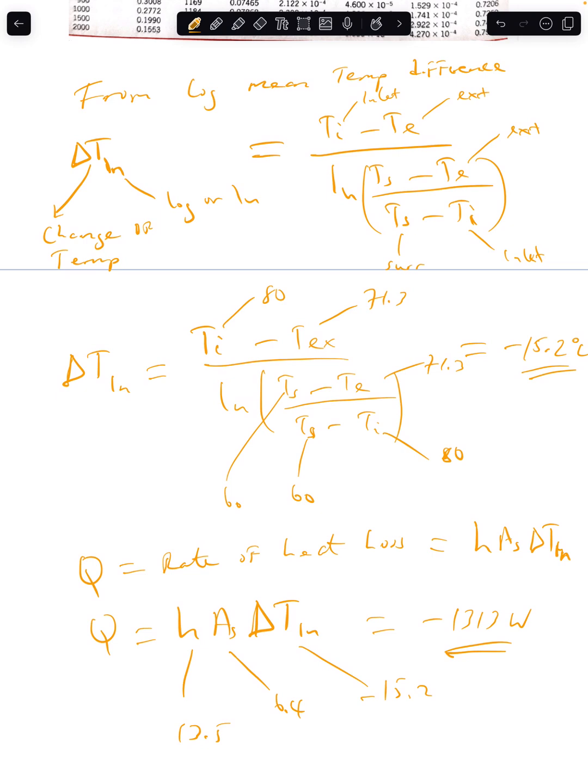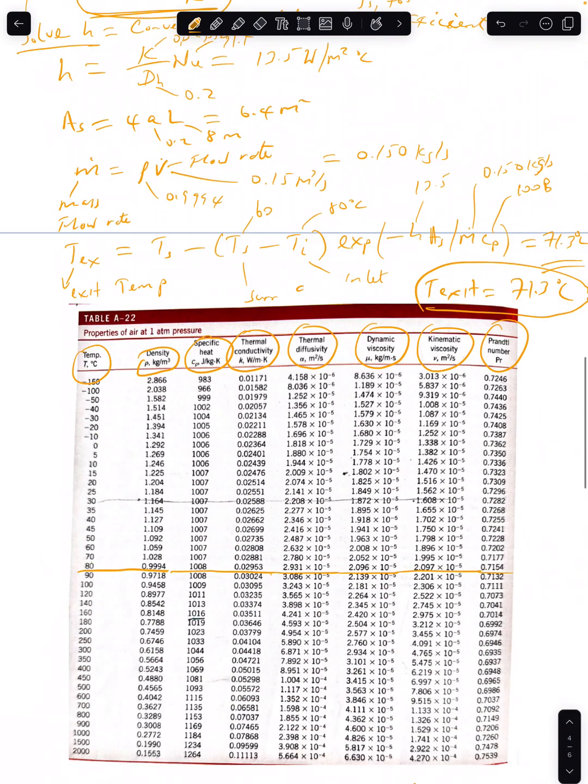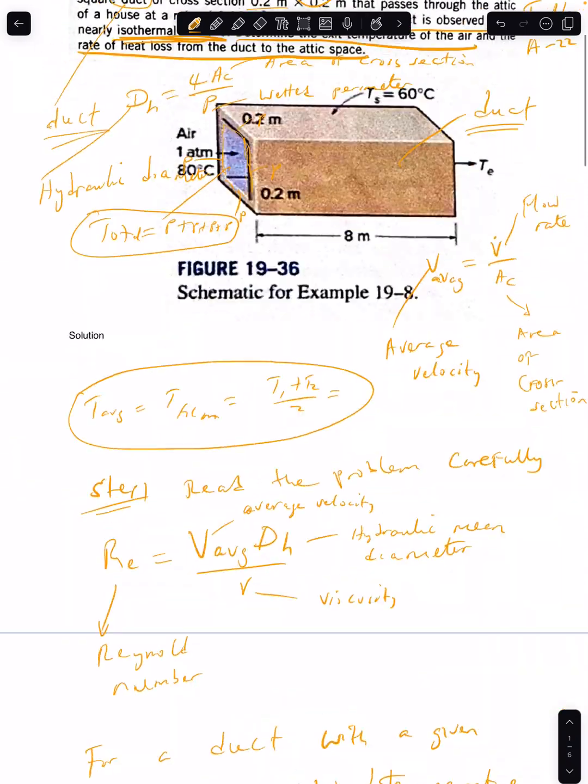So there are two kinds of problems in this chapter. One is a duct and one is not a duct, and we need to know when and how we can use the average temperature, and when and how we can use the log mean temperature difference. And I've explained that it's only for a system that is undergoing an isothermal process.